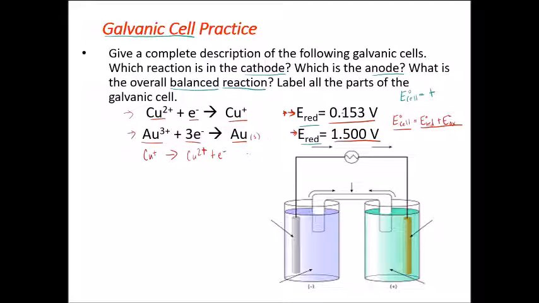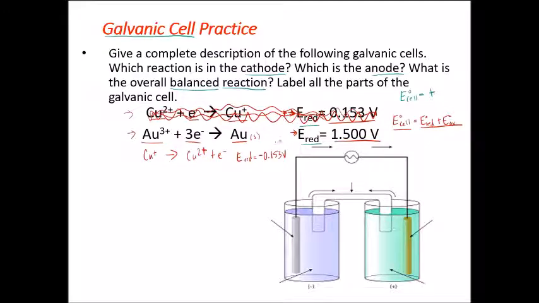And that's going to make sure that this E red is now going to be negative 0.153 volts. So if we're going to do that, we'll scratch this one out. We won't be using that anymore for our example.